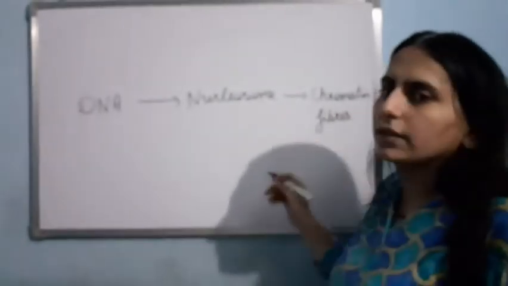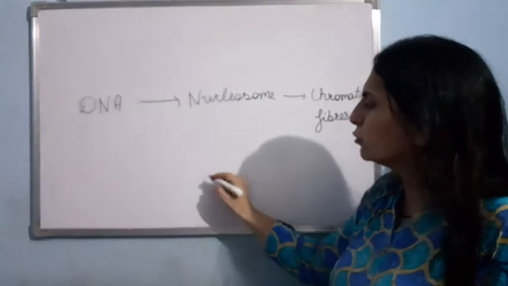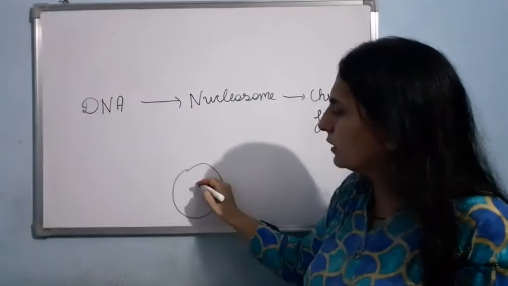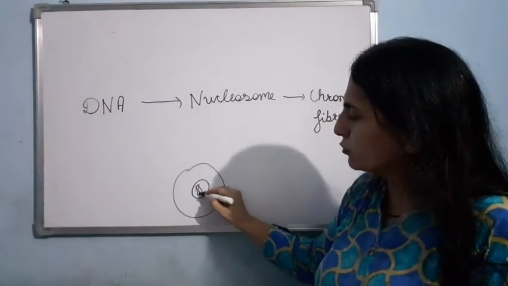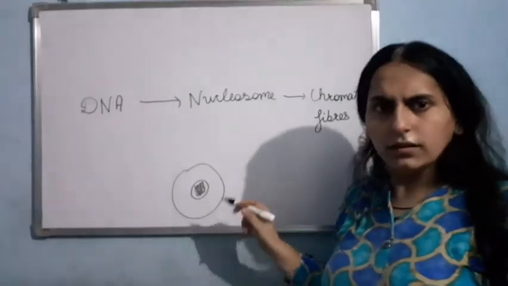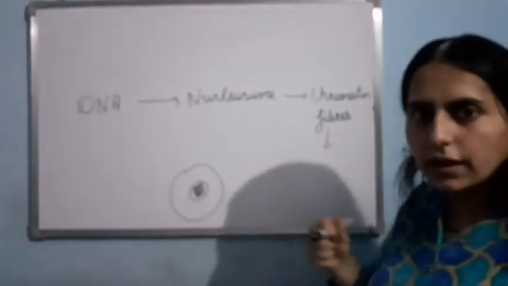Your genetic material is present in the form of chromatin fibers. This we used to draw also. In the cell, in the nucleus, we used to draw the thread-like structure. These are chromatin fibers. Now the chromatin fibers are further arranged and form the chromatin material.